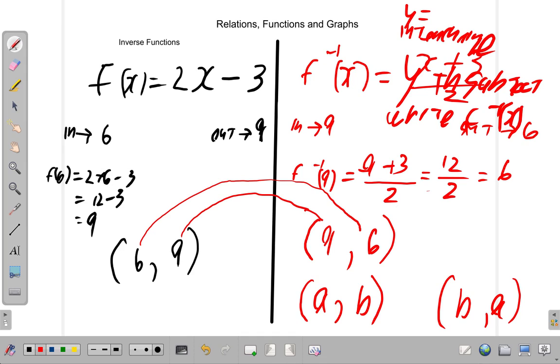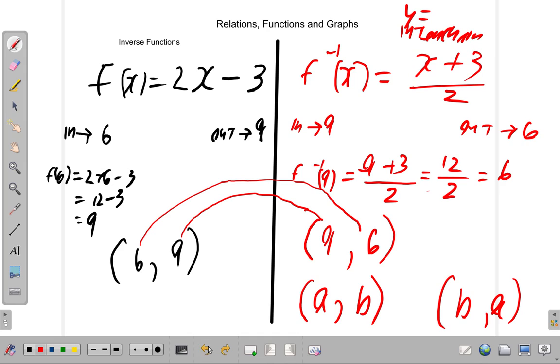I'm mixing it up with the other writings, but just a reminder, because at each step you need to remind yourself that that is what you're going to do. In an exam, when you are asked to write the inverse of a function, you need to remember these steps. So at each point, you need to memorize and remember that these are the steps you take.